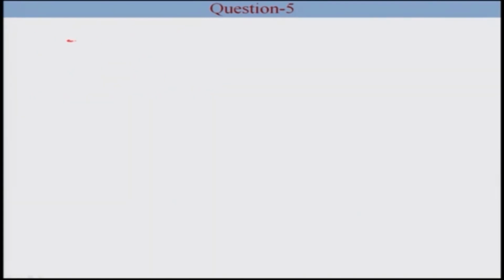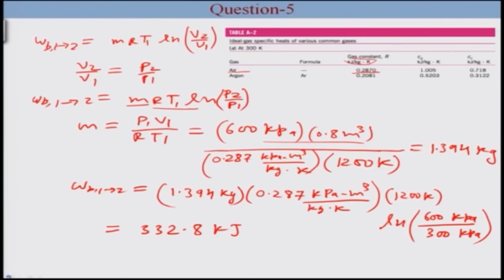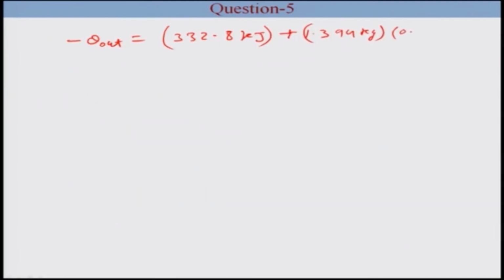From there we get minus Q out equal to work done, which is 332.8 kilojoule, plus change in internal energy, so m cv delta T. So m is 1.394, cv of the air can be taken from this table, which is listed here, 0.718 kilojoule per kg Kelvin, and delta T is 300 minus 1200 Kelvin.